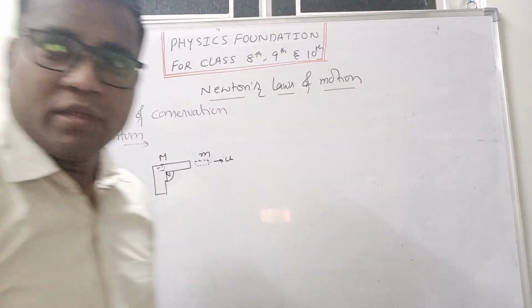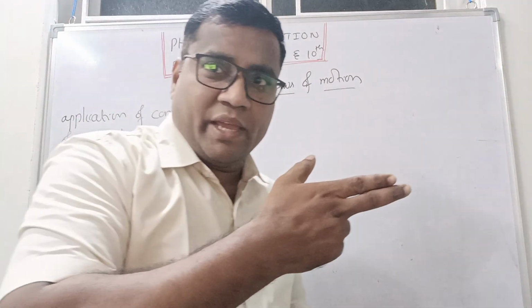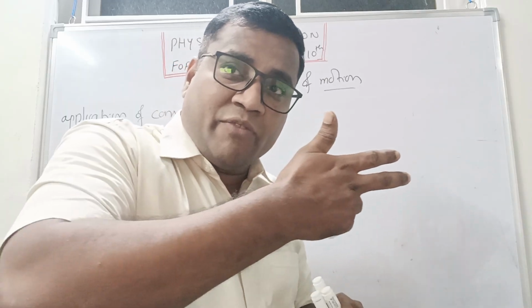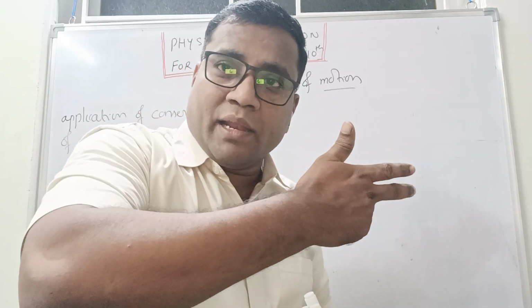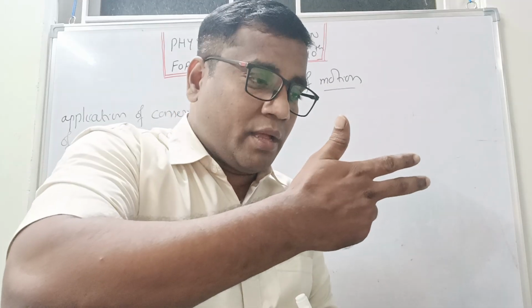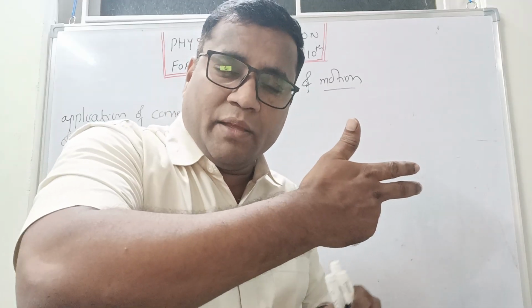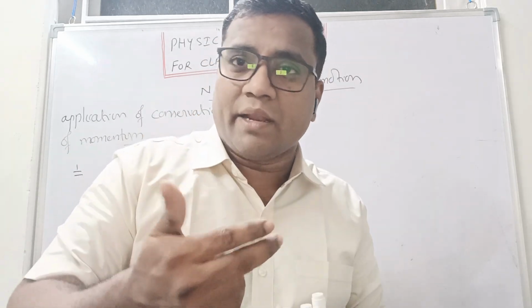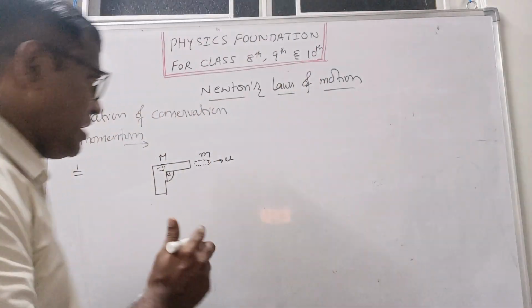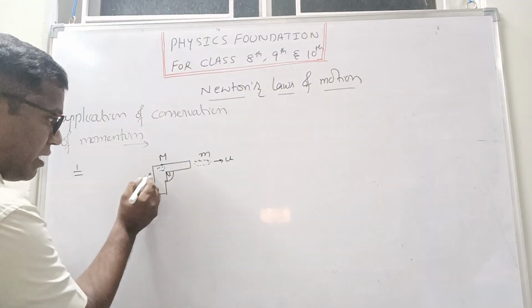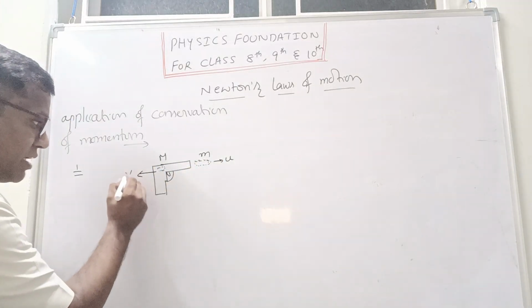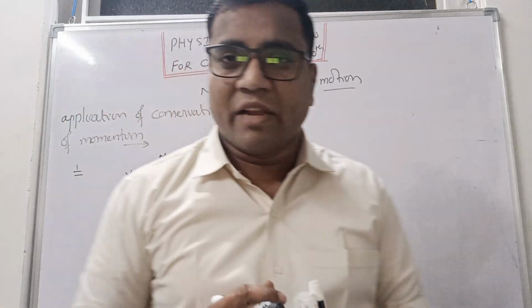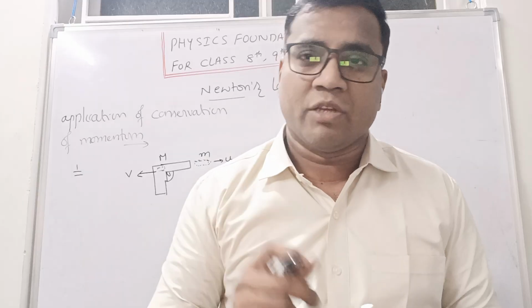When the bullet is coming out, the gun will move backward with some velocity. That velocity is called recoil velocity.